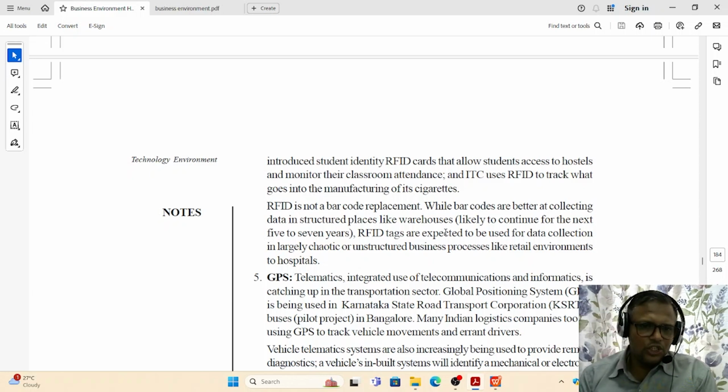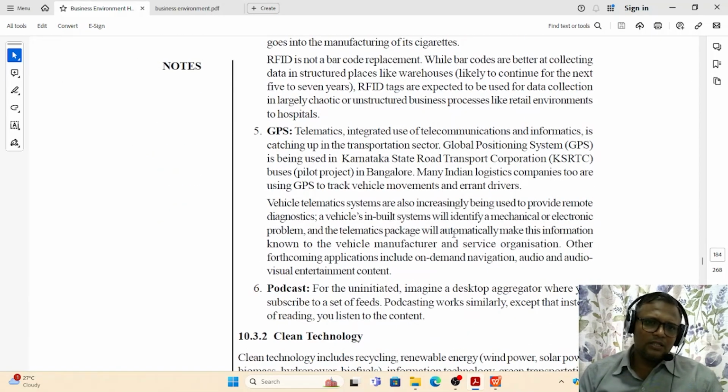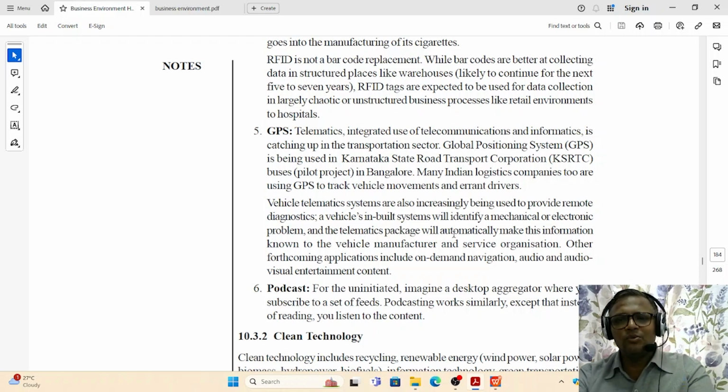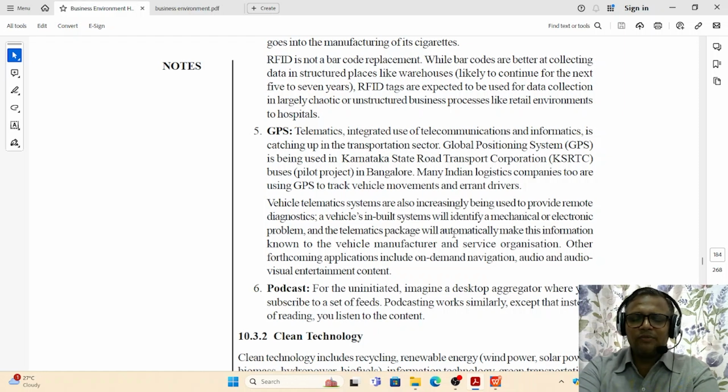Now, next is GPS. For example, telematics, the integrated use of telecommunication and informatics, is catching up in the transportation sector. Global Positioning System, that is GPS, was used early by KSRTC, Karnataka State Road Transport Corporation, in Bangalore. Even many Indian logistics companies are using GPS to track vehicle movements and their errant drivers.